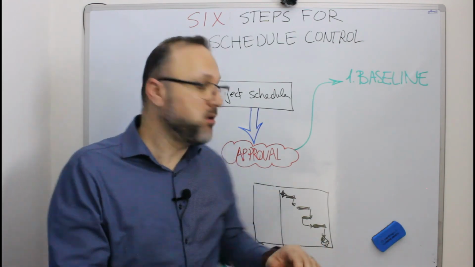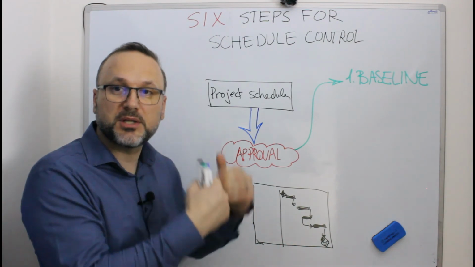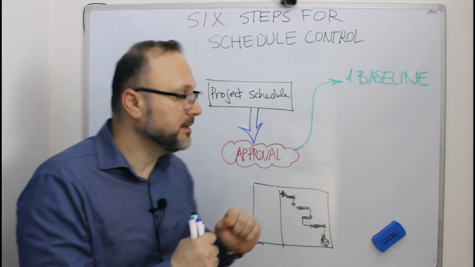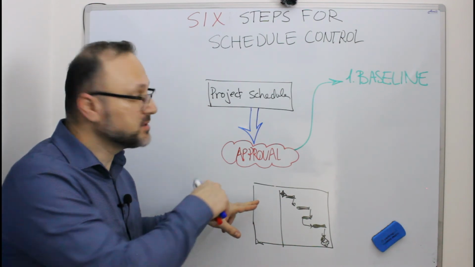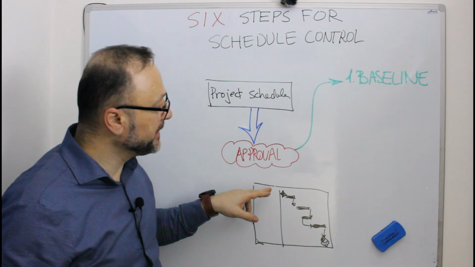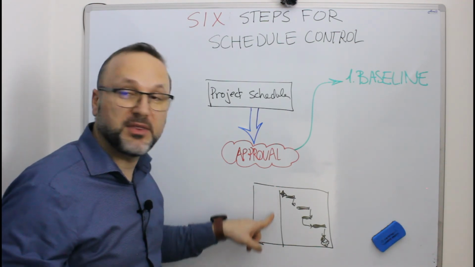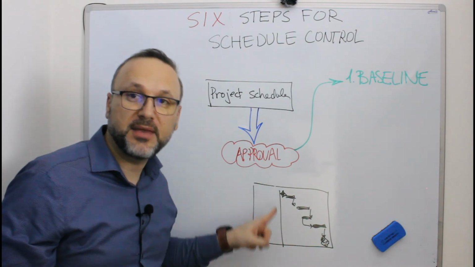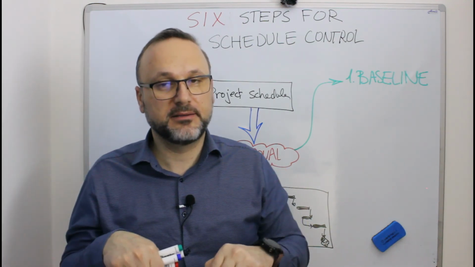Once you have the baseline, you start using the project, you start with your milestones, with your activities listed in this baseline project, the approved version of the schedule, and you need to put the percentage of each and every activity according to current day.